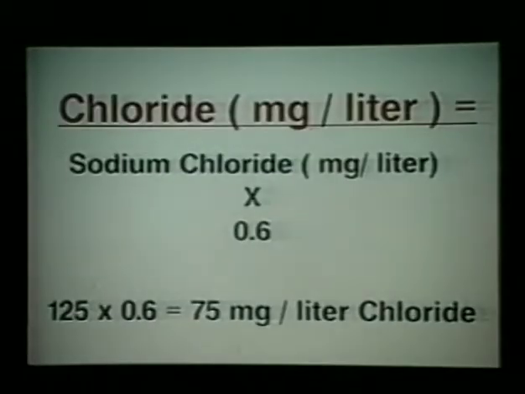To convert the results to milligrams per liter of chloride, multiply the milligrams per liter of sodium chloride by 0.6. In our example, the value of 125 times 0.6 is equal to 75 milligrams per liter chloride. This conversion is usually made since the chloride concentration must be known to prevent nitrite toxicity.